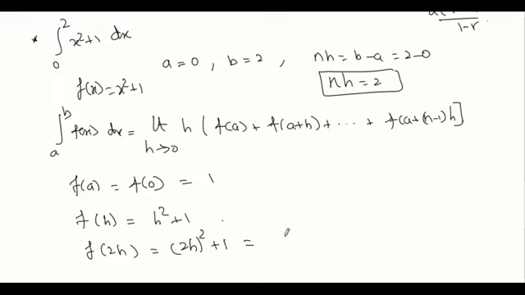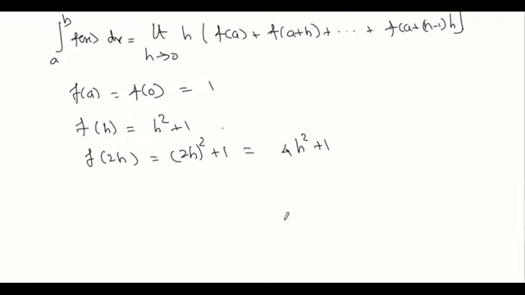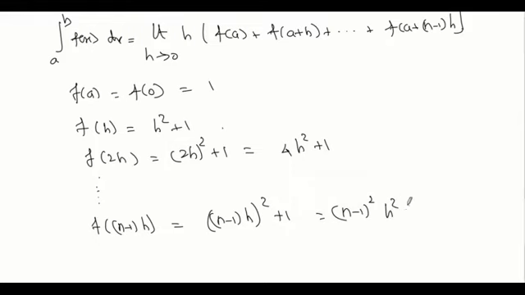This means we can write it as 4h square plus 1. Then etc. we can take f of 0 plus n minus 1 into h. So n minus 1 into h is equal to n minus 1 into h whole square plus 1, which is nothing but n minus 1 square h square plus 1.